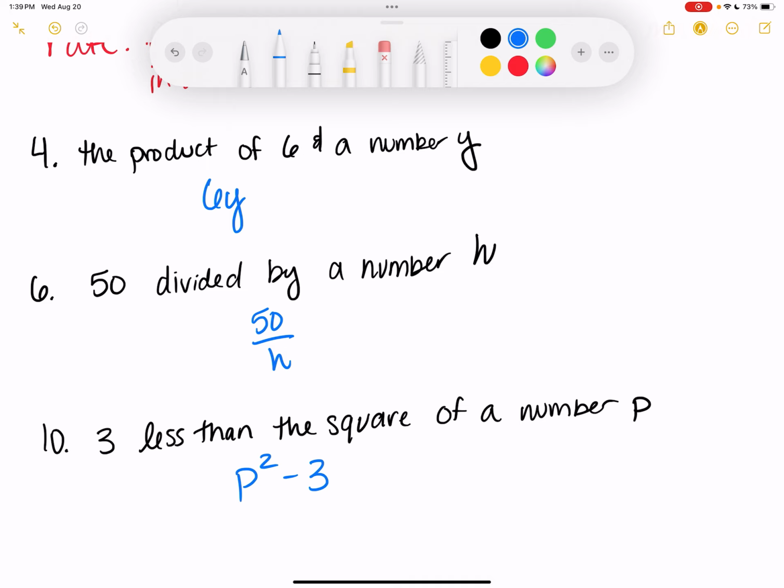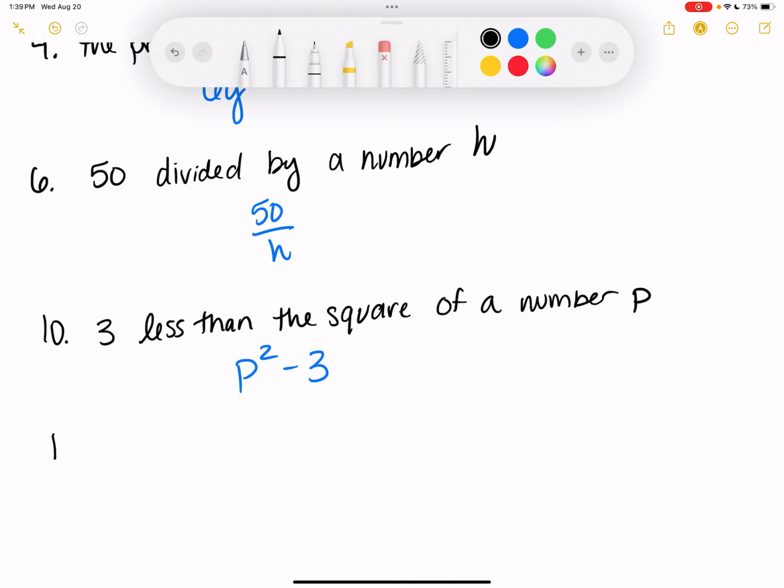12. 5 more than 3 times a number w. What 2 operations am I using on this one? Multiplication and addition.